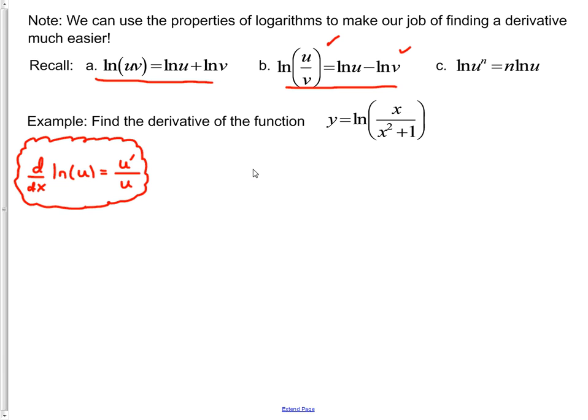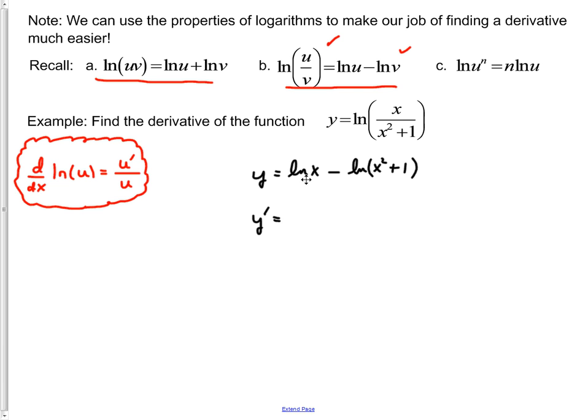So we've got y equals the natural log of x over x squared plus 1. Rewriting it using our properties, this is the same as taking the natural logarithm of x minus the natural logarithm of the quantity x squared plus 1. And now, if we want to find the derivative of y, well, let's use our rule.